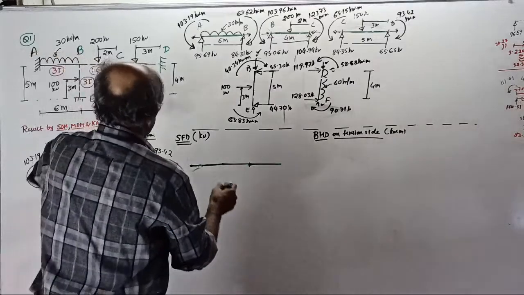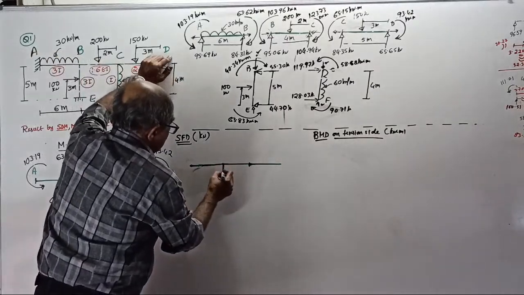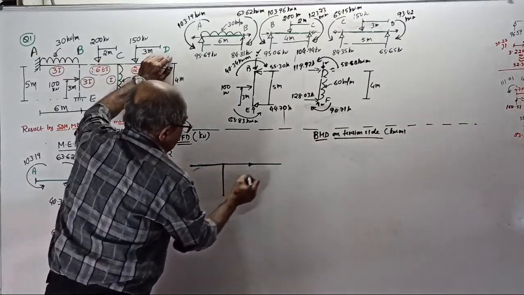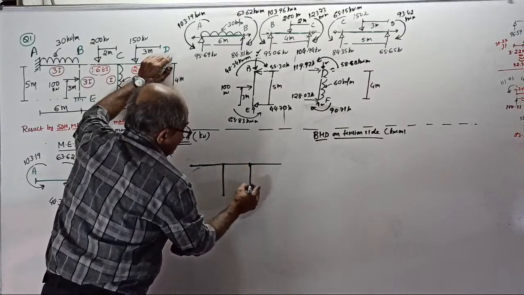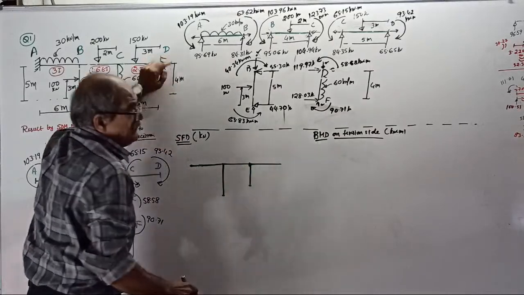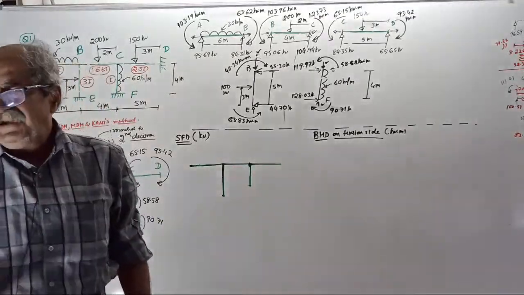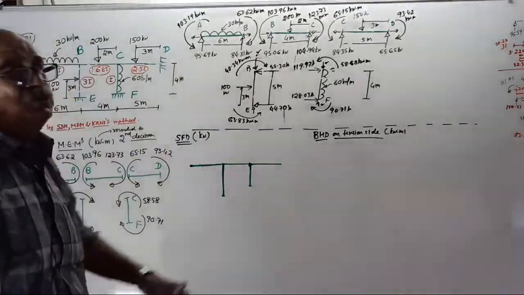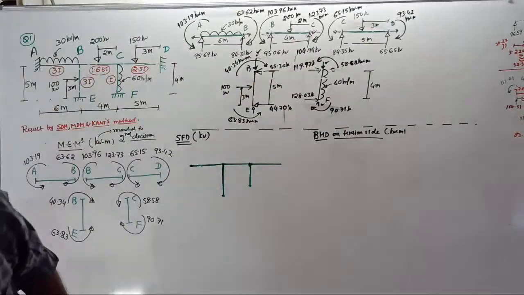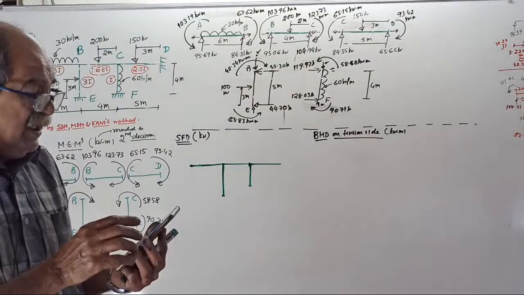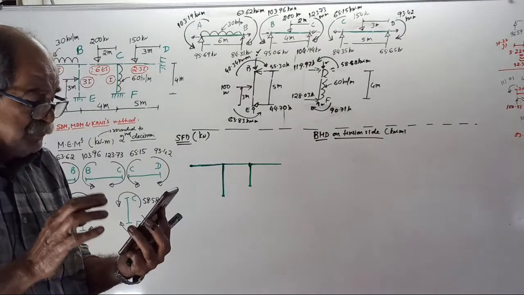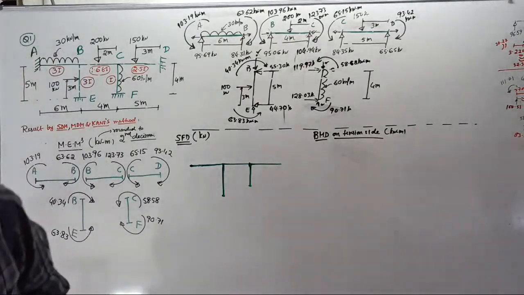Then there is a vertical member here, 5 meter length, vertical member of 4 meter. Sorry, space is not there, so I will draw a little small because of space problem. You draw big only. Because of space problem, I write small.